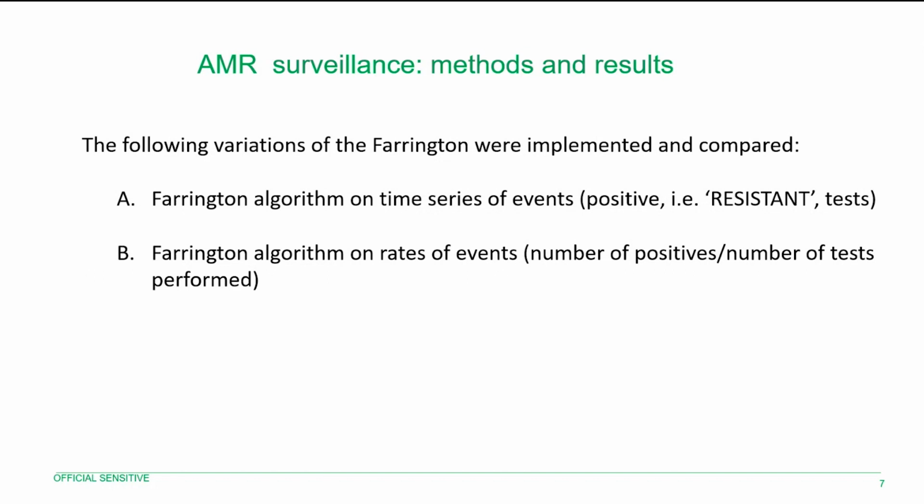Or you can apply the Farrington algorithm to the rates of events. So in this case, you look at the ratio between the number of positive tests and the number of total tests performed in a given time window. In our case, the data are given monthly, so the time window is always a month.